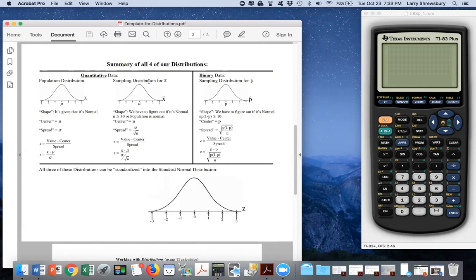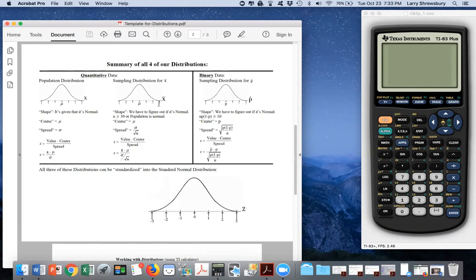It's the distribution for all the possible sample means you could ever possibly get from repeated sampling. We actually know what will happen in the long run with repeated sampling. We know the shape, the center, and the spread. It follows that formula.